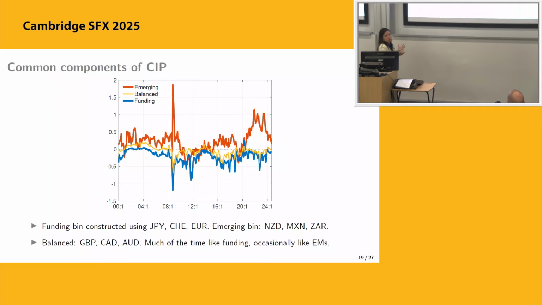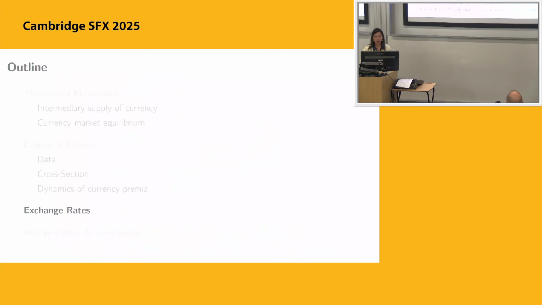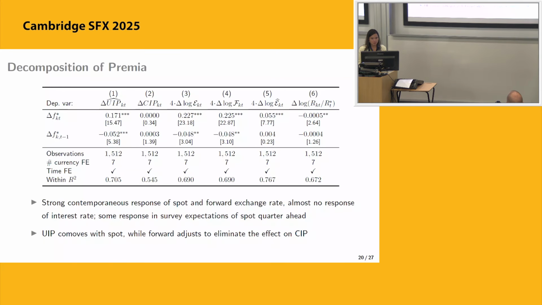And you can even see it in the raw data. When we bin the funding currencies and the investment currencies, you see how over time they really diverge, right? The funding currency and the investment currency are like an accordion that moves in opposite directions, and the balance currencies are in the middle. That's exactly what the model implied.